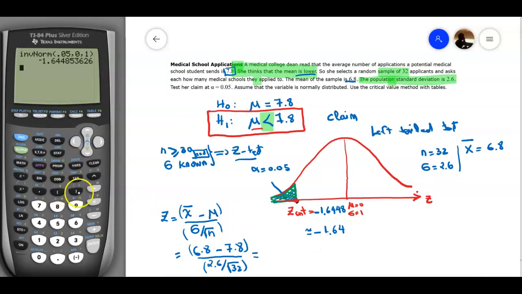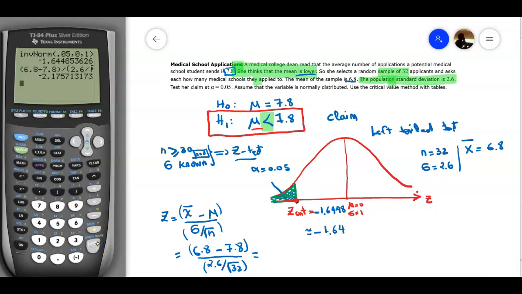So parentheses 6.8 minus 7.8, close the parentheses, divided by, open the parentheses, 2.6 divided by square root, second and the squares key here, square root of 32. Then exit this one, close the parentheses and enter.